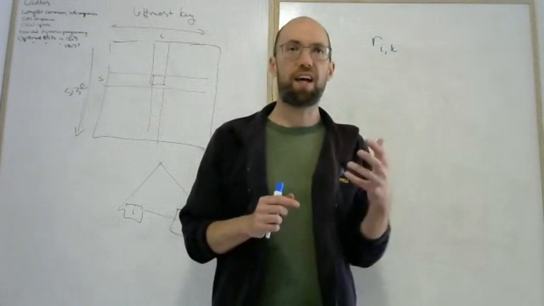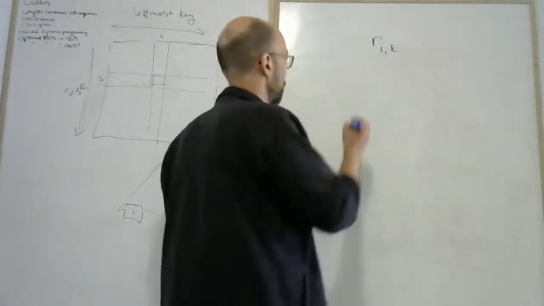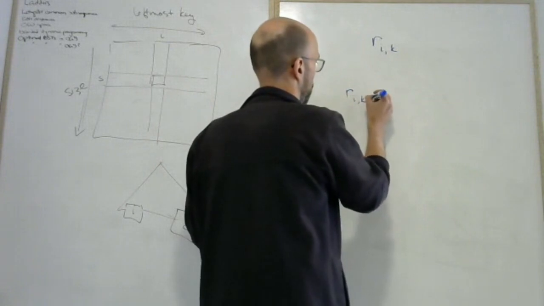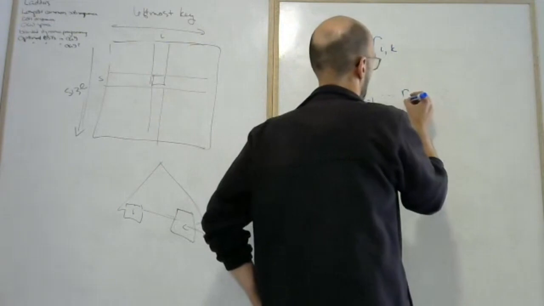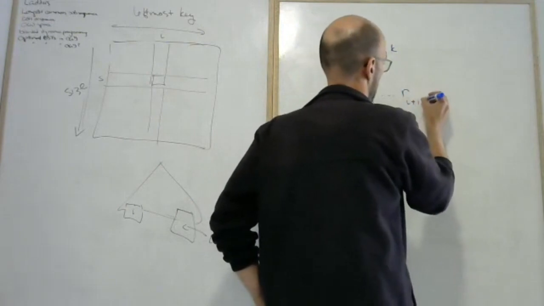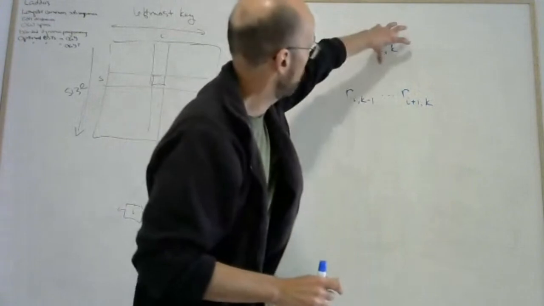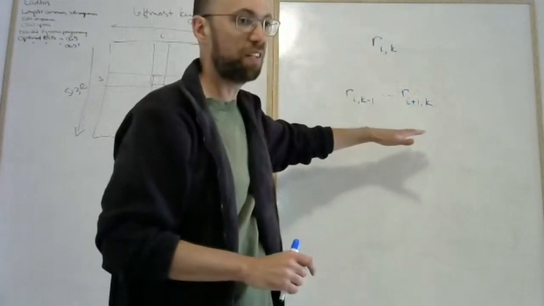You only have to scan the roots from the optimal root r_{i,k-1} to r_{i+1,k}. Because you're looking at this set of keys, and it's this set of keys with something added on the right.